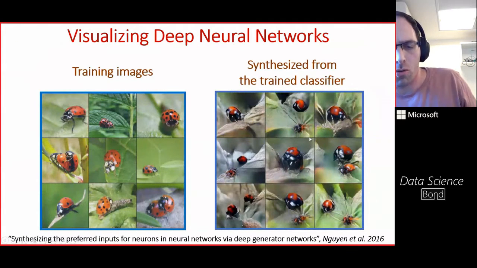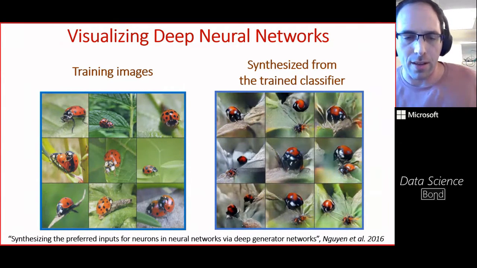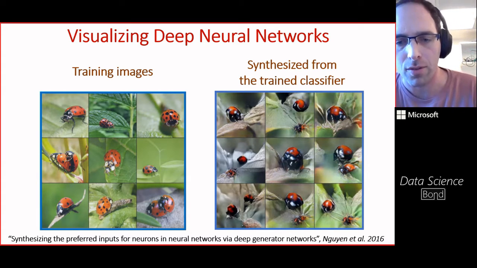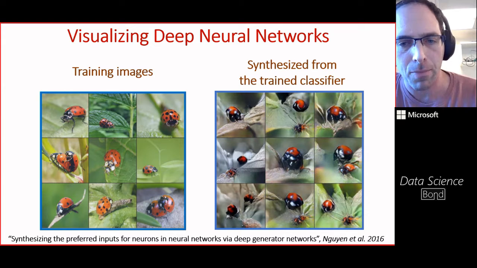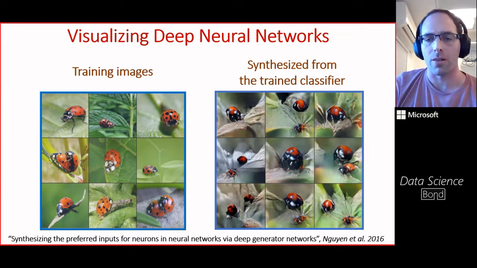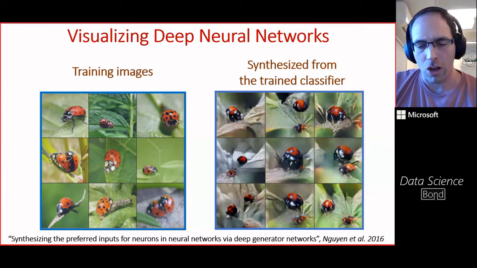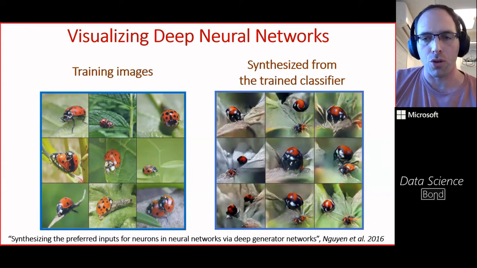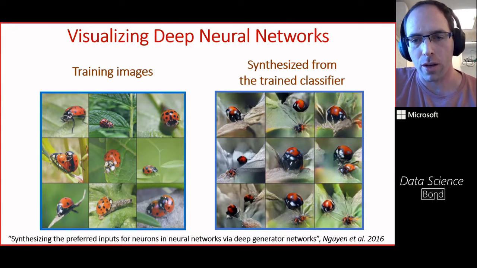This was also taken to very nice results if you include some prior, some GAN prior. So if you do the same activation maximization, but now instead of just changing the input, you change the output of some pre-trained GAN on the same distribution, you can get much better results.